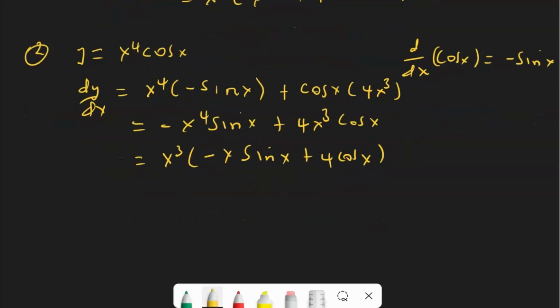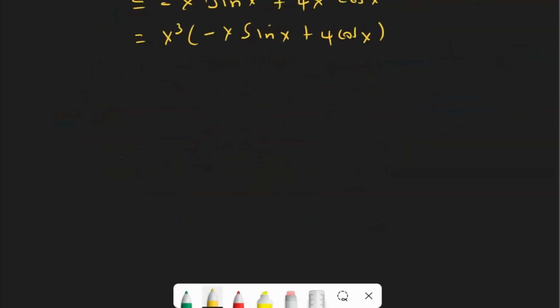Let's look at another example. Let's call it our example 3. Assuming you are given y equal to cos x sine x, and you want to find the first derivative of cos x sine x.